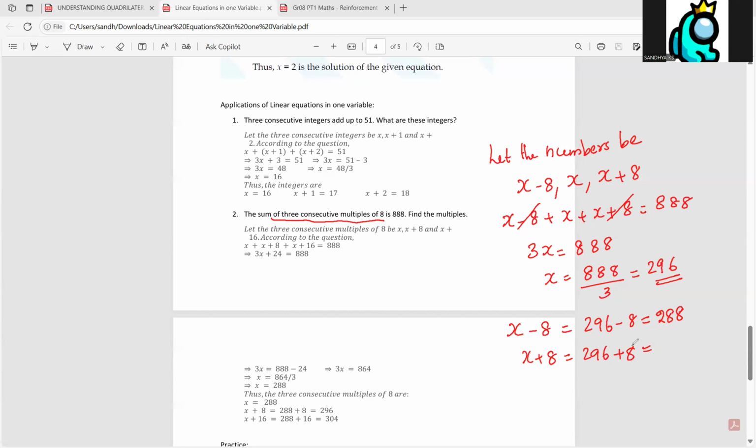Then 296 plus 8 will be 304. So our numbers are 288, 296 and 304. Clear, children? Yes, ma'am. I also got the answer.